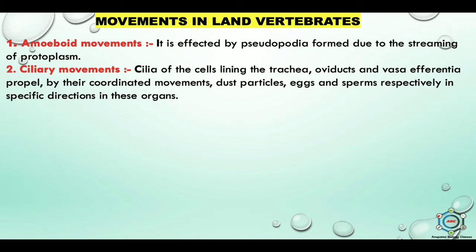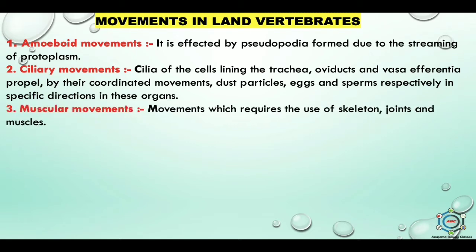Cilia of the cells lining the trachea, oviduct and vasa efferentia propel by their coordinated movements dust particles, eggs and sperms respectively in specific directions in these organs. And the last is muscular movement, and the movements which require the use of skeleton, joints and muscles are known as muscular movements. So, in the following account, we shall discuss all these structures as well as the mechanism of muscle contraction.